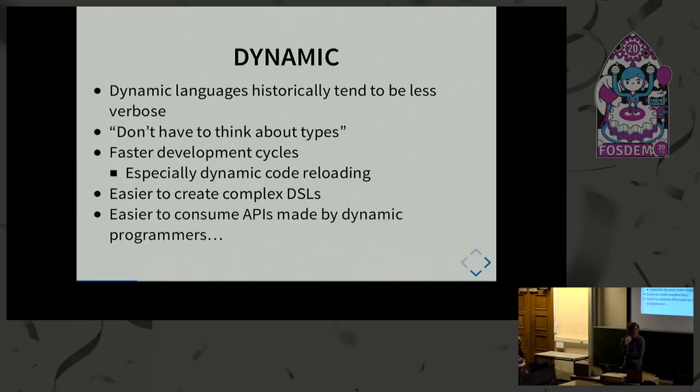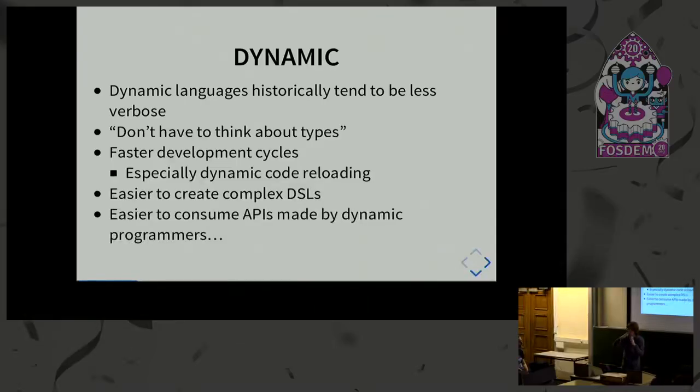And sadly, a lot of people write in dynamic languages, they have an API, some JSON that they emit, and it's really not easy to use APIs that have been made in dynamic languages in statically typed languages, because you have JSON objects, for example.